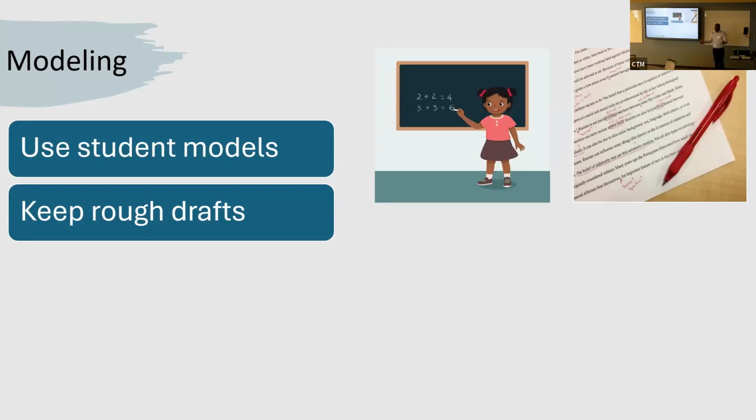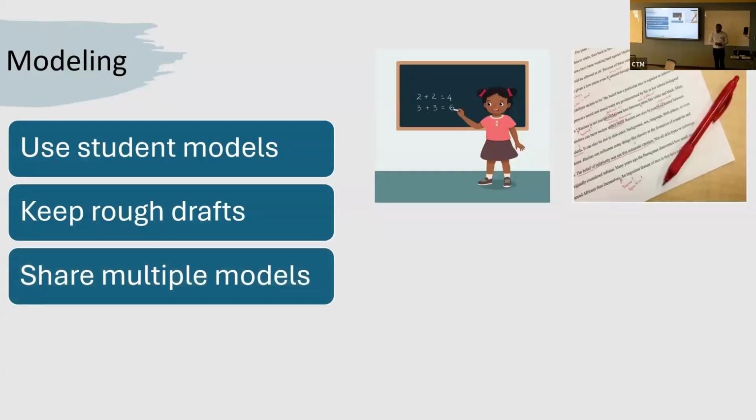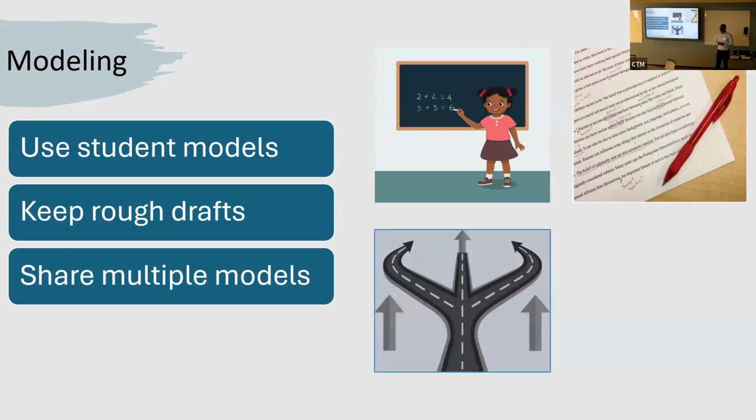So you need to show them rough drafts, right? So that they can appreciate that journey. The next thing is to share multiple models. What that helps with is that you are not going to siphon creativity by showing them just one model. We do not want to create a straight jacket system, right?